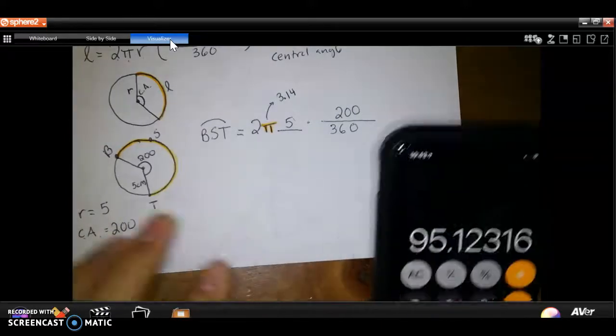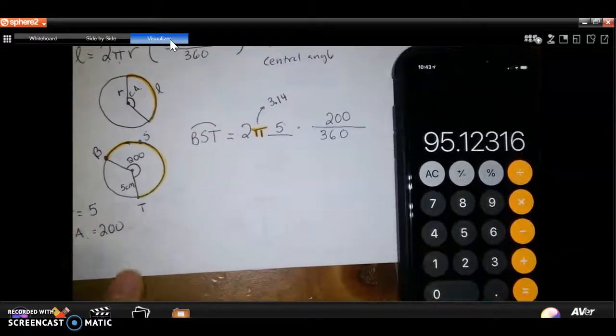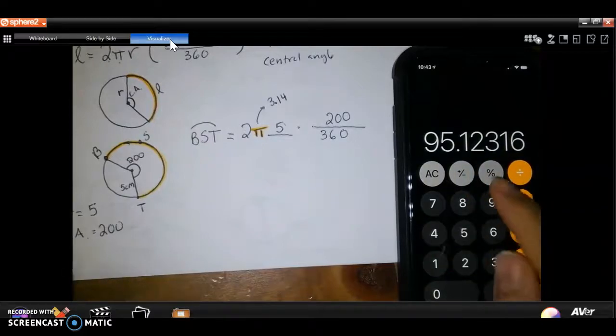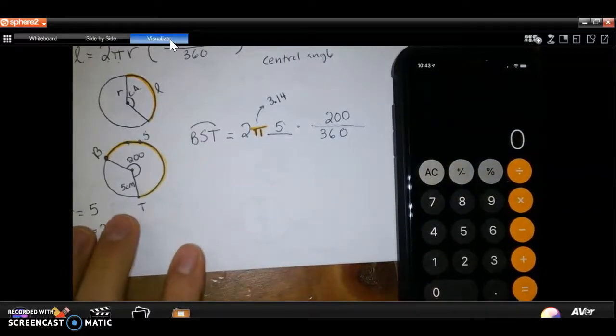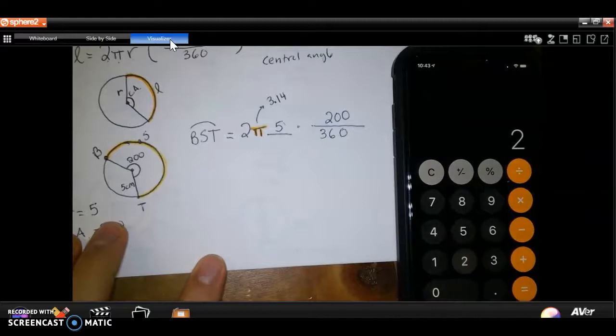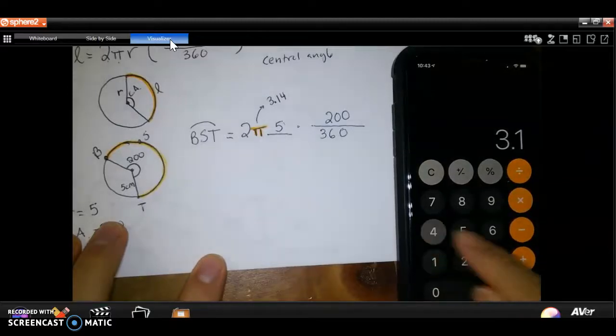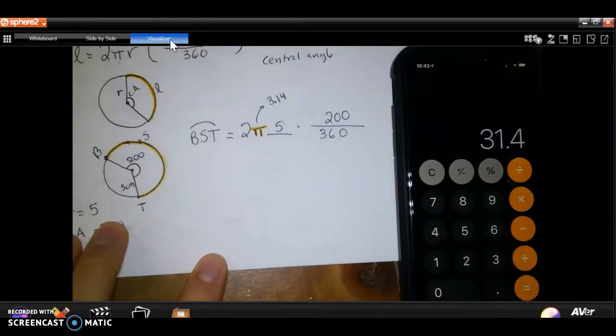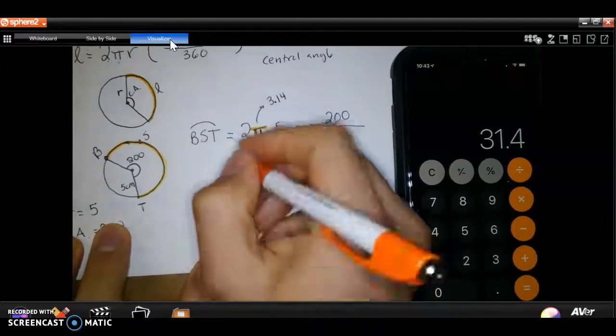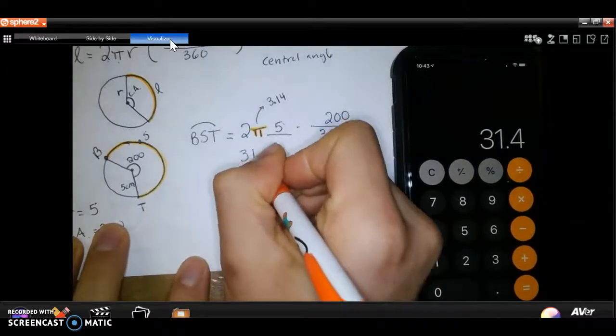Calculator. I'm going to do 2 times 3.14 times 5. I did all three of those in one step. This is 31.4.